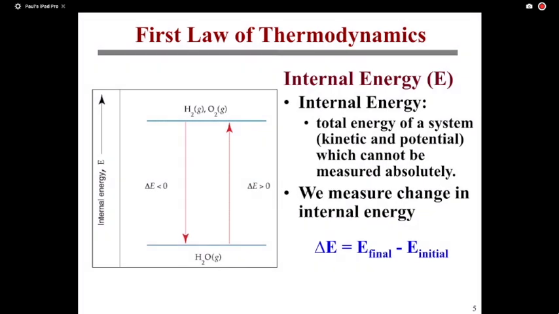Now, here's the problem. For us to know absolutely what the energy value is on anything, we would have to know the absolute amount of energy in the system, in the reaction. We can measure that really, really well. We can measure the system and get it to a very high degree of precision and accuracy.